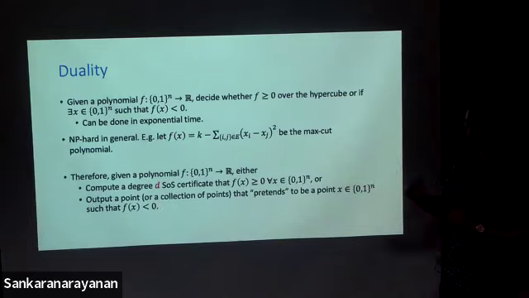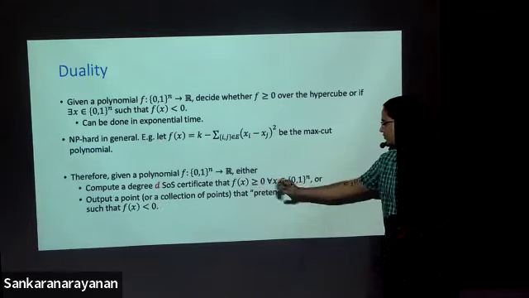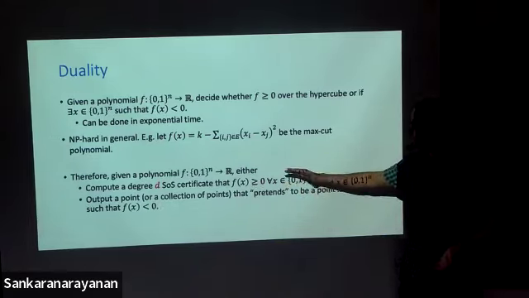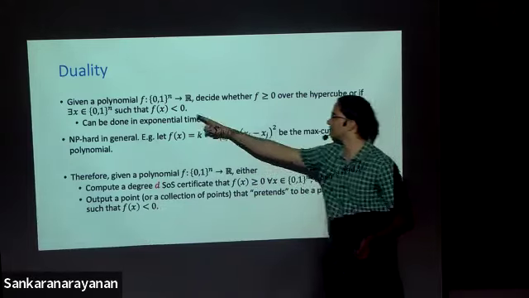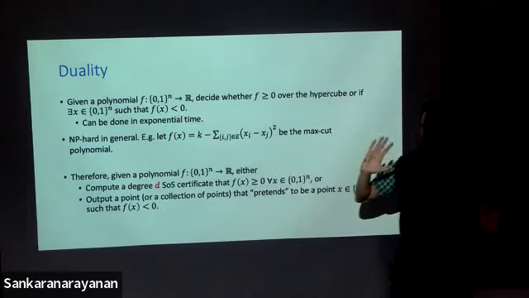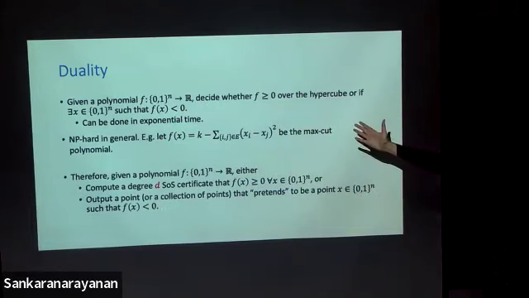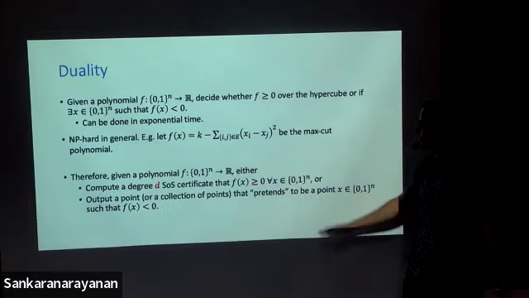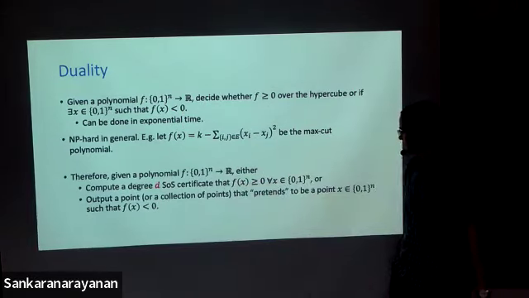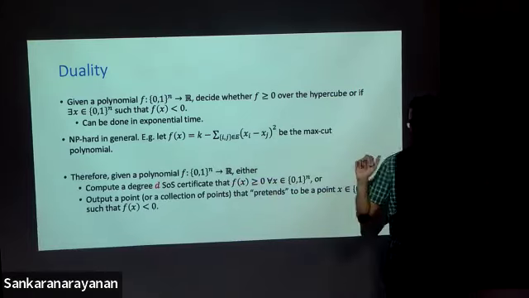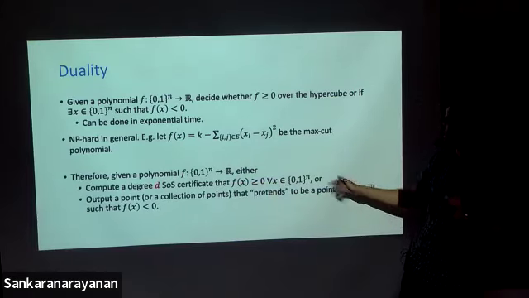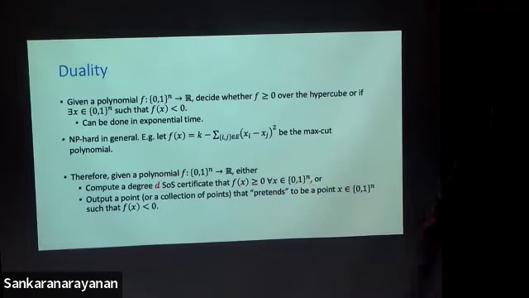Ideally, we would like to either compute a degree d SOS proof or compute some x such that f(x) is less than or equal to 0. But since it's NP hard in general, that is something we cannot hope to do. So the best we can hope to do is either compute a degree d SOS proof or output something that pretends to be a point such that f(x) is less than or equal to 0. Right? So we need to formalize what that second point means.